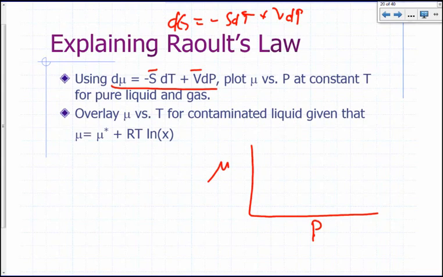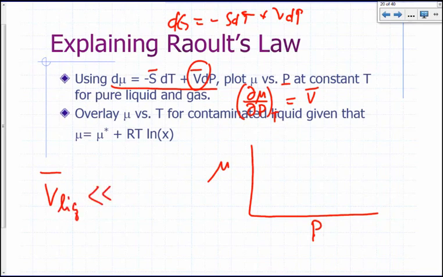The partial of mu with respect to pressure at constant T is just V bar, right? So what would be the molar volume of a liquid compared to a gas? V bar for a liquid is going to be much smaller than V bar for a gas.